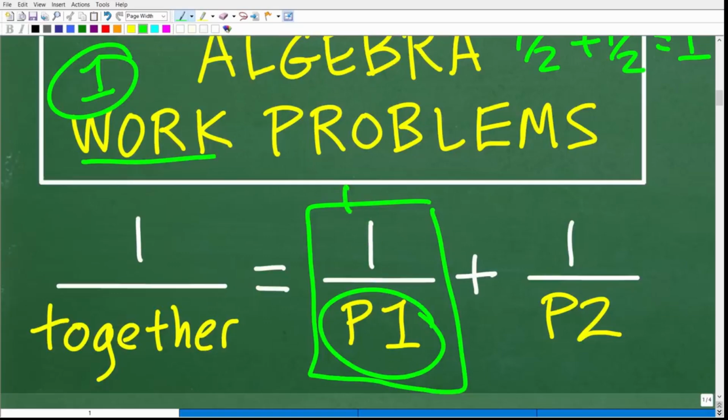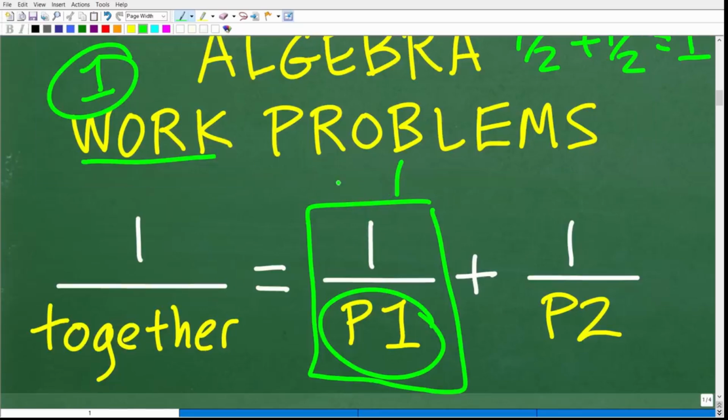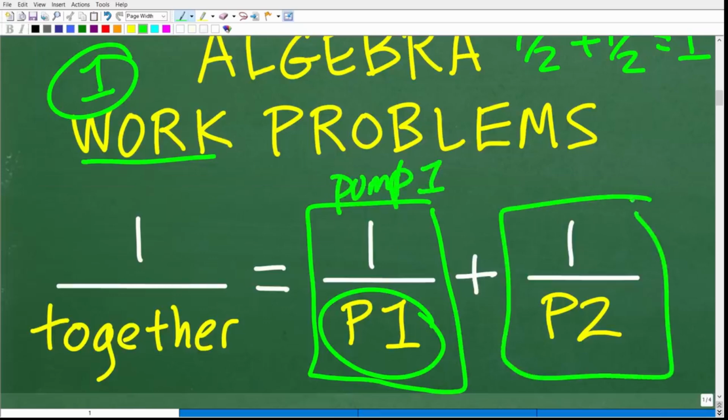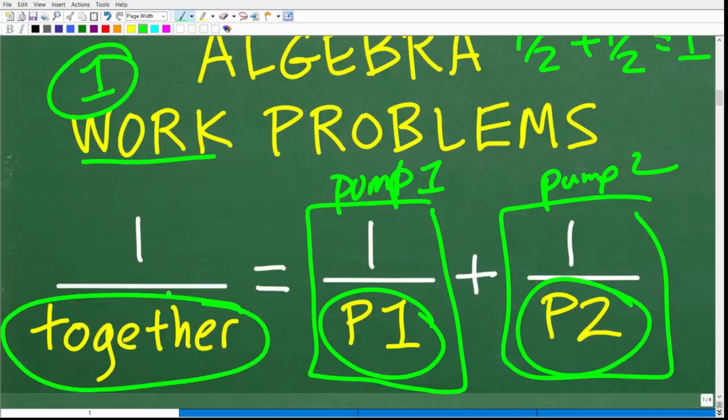So this would be pump 1. And then here, this would be the part that pump 2 would do. So 1 over the time it would take for that second pump. Now together, it would be 1 over that amount of time.